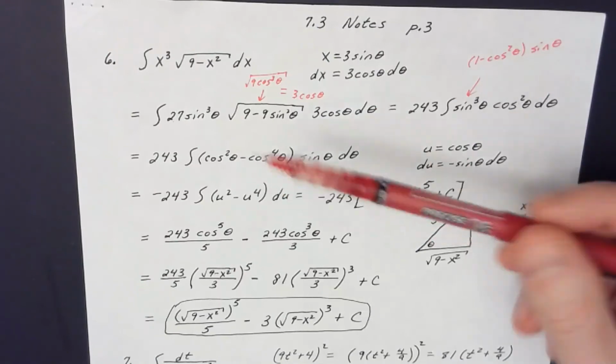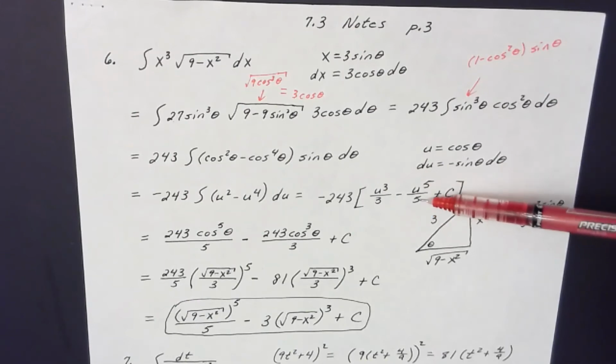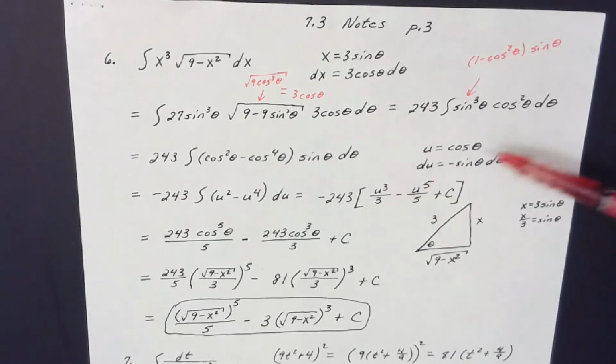Now I can go through and say the integral of u squared minus u to the 4th, that's going to be u cubed over 3 minus u to the 5th over 5 plus c. At that point, it's easy to go back into terms of cosine.